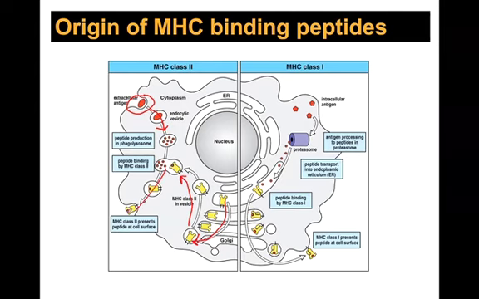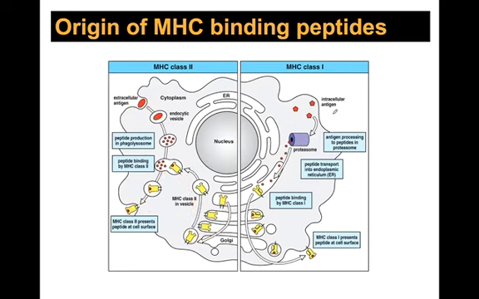When that happens, it then goes to the cell surface and can be recognized by T cells. So MHC2 has an endocytic and an exocytic pathway merging, and as those peptides are being brought in, they're degraded and then loaded as the MHC2 is on the way out to the surface of the cell.